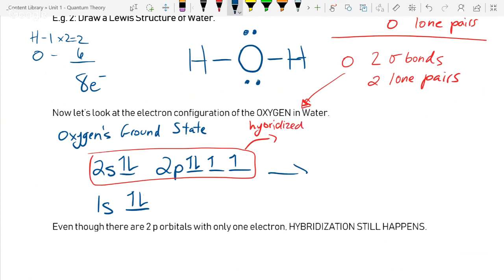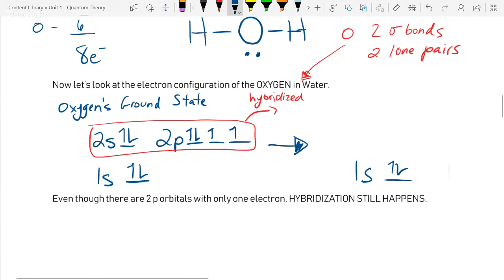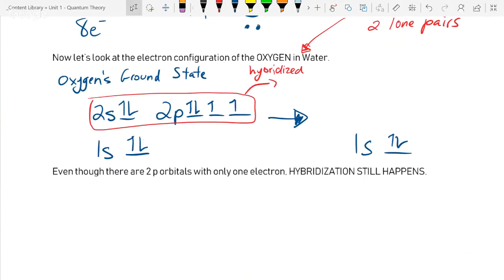And so since we know that, who can tell me what my next configuration is? Obviously, the 1s orbital is still unaffected because we only changed the valence. We only changed the outer shell. So we're going to end up with a 2 because we're in the second shell. We're taking the s orbital, and we're taking p orbitals. How many of them? All 3 of them.